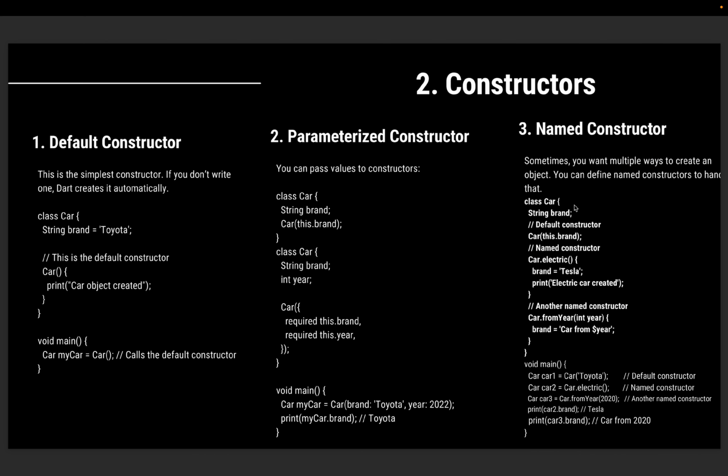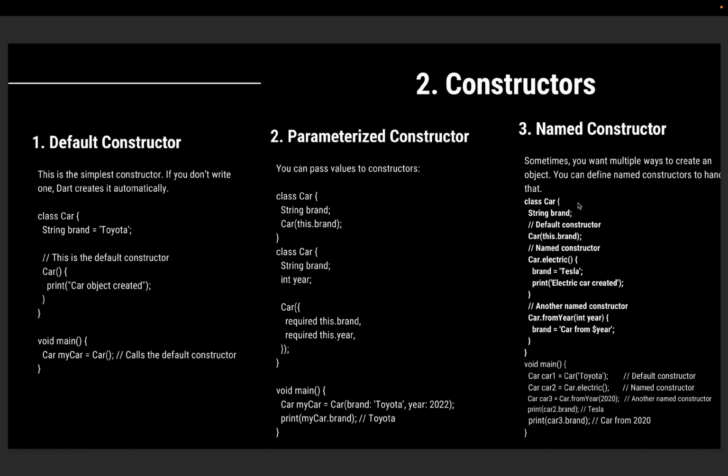So now let's move. Now we have the last type of constructor, which is a named constructor. Sometimes you want multiple ways of creating an object. You can define a named constructor to handle that. It's a very rare use case scenario actually, but it's something that you can still do if you want to.